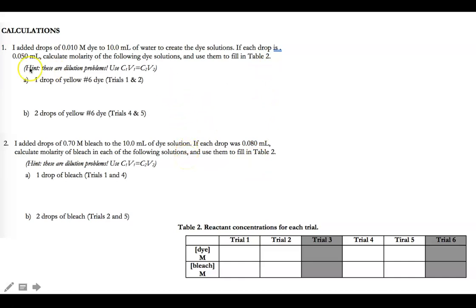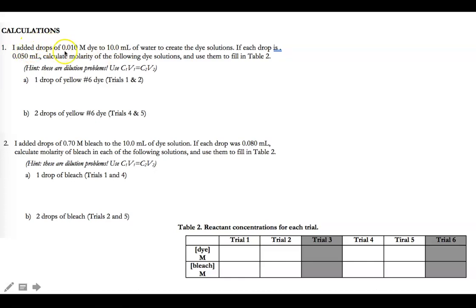So this was me sort of an average estimate of the size of a drop out of the dropper versus the size of the drop out of the little dropper pipette. So I want you to do, it's sort of a rough calculation because these are not really the actual exact numbers that we're using, but it's going to suffice for this experiment.